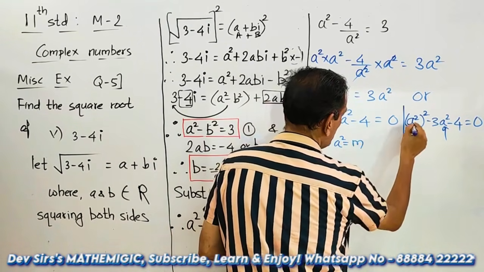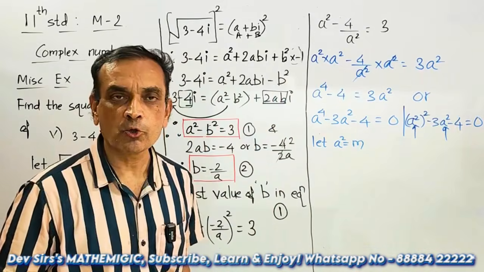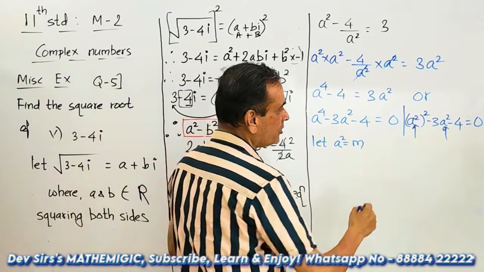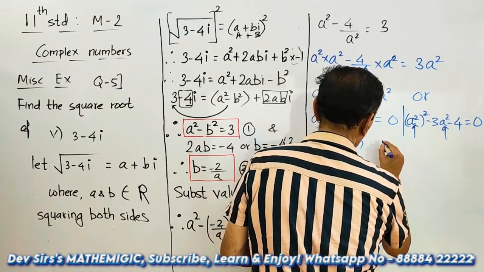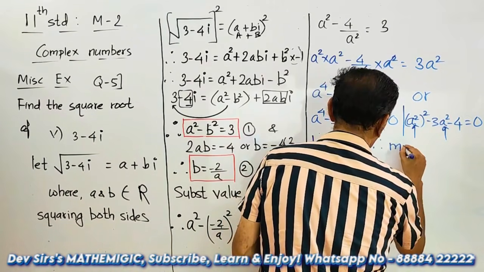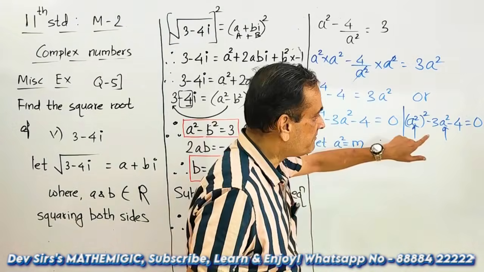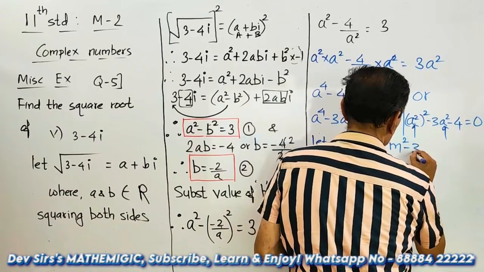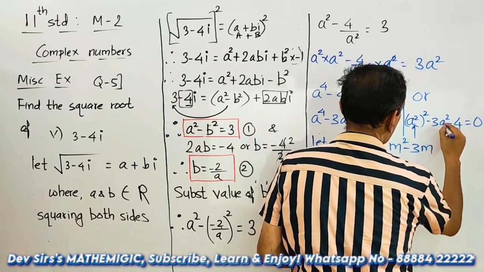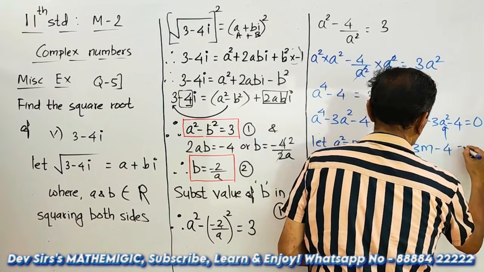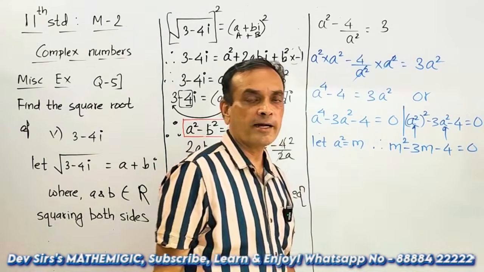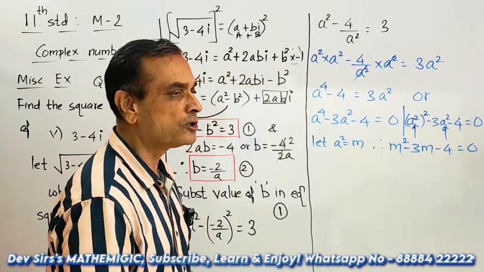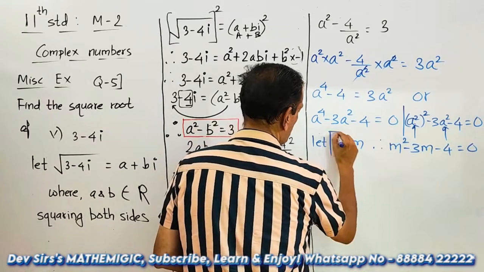You need to substitute over there, right? a squared equal to m. Okay? So if you put a squared equal to m, what do you get? Here I put m, so m squared. a squared is m, so m squared minus 3m, a squared is m, minus 4 equal to 0. So in order to get a quadratic equation, I am using the substitution, put a squared equal to m, which I will require later on.